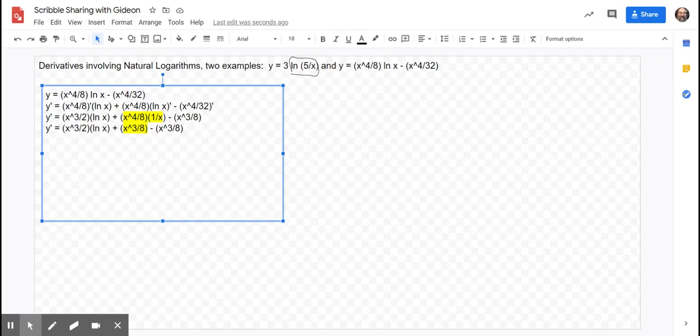I'm not going to spend a whole lot of time on it, but obviously you're going to factor out the x cubed since every term has that in it. And then you'll have a bunch of leftovers. You've got 1/2 ln x.